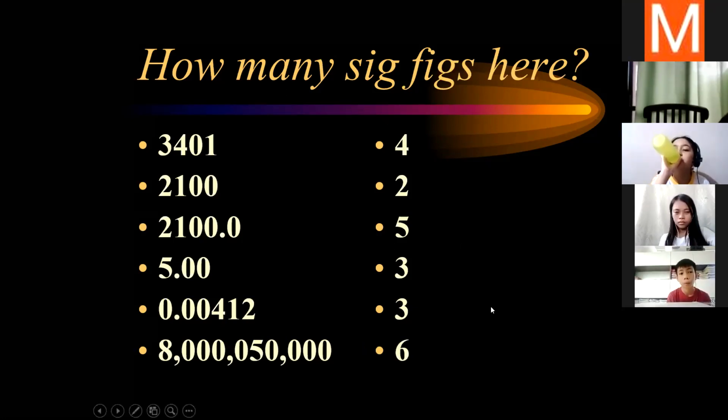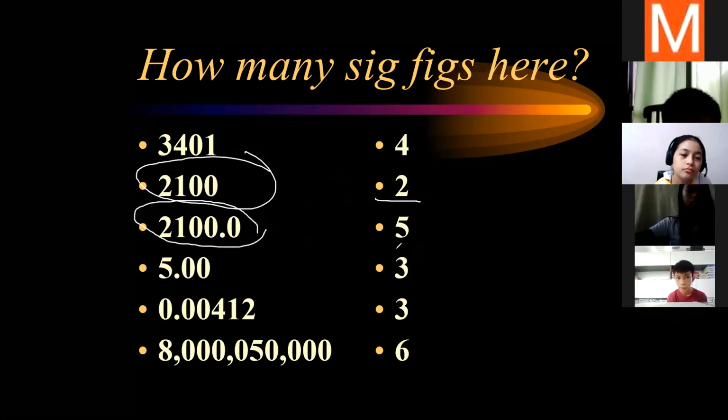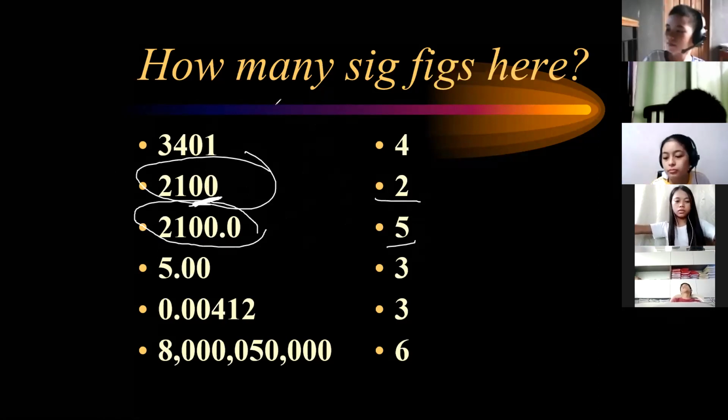Correct. It's 6. According to Austin, she is confused why this only turns out to have 2 significant figures while 2100.0 contains 5 significant figures. According to the rule, trailing zeros may or may not be significant.